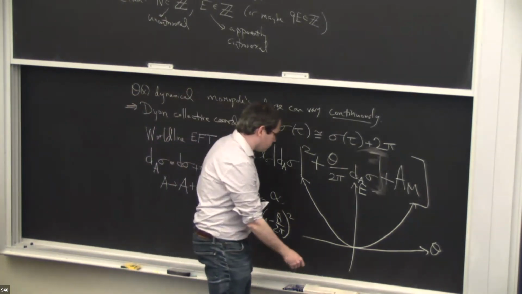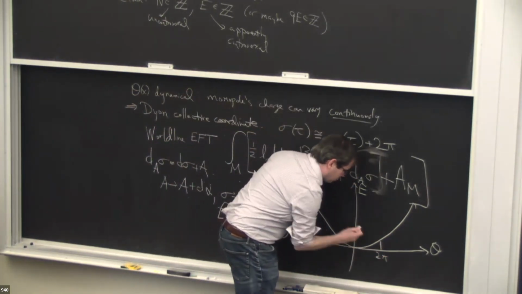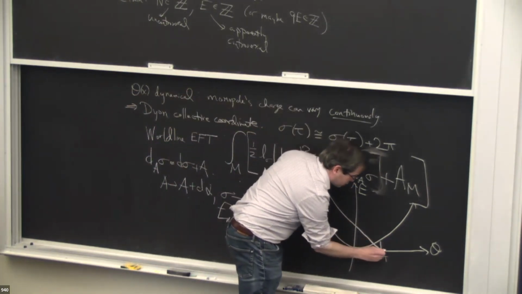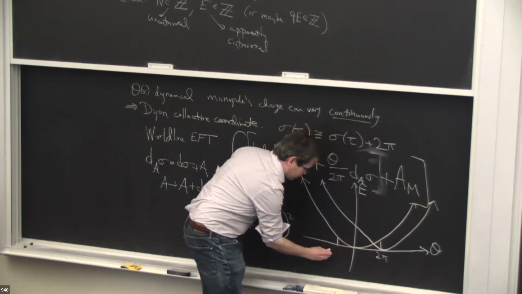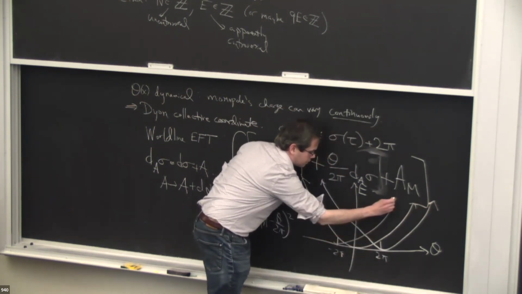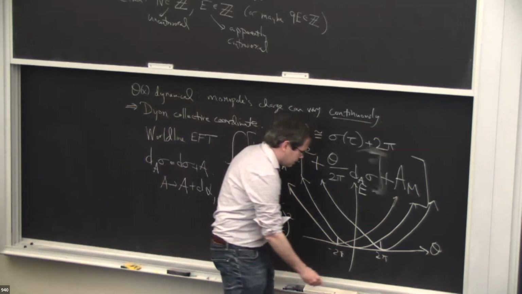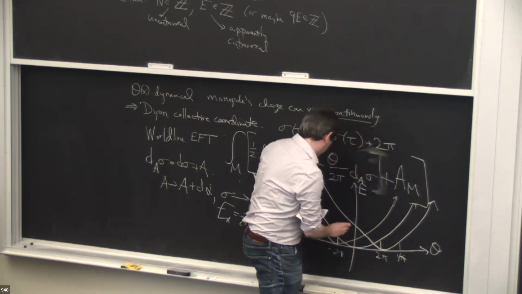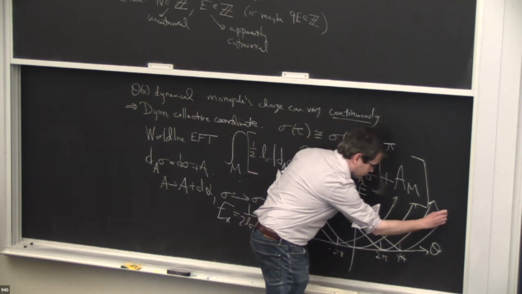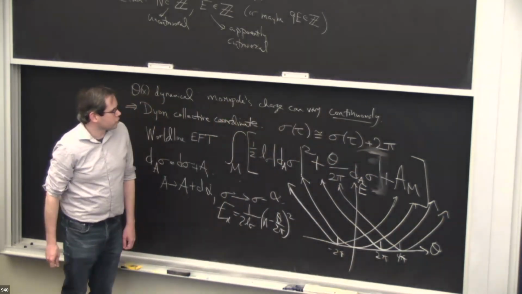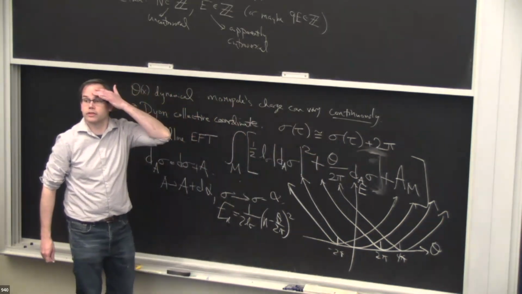And then I have all the other modes, and they're also just parabolas, but with minima at different places. Okay, so maybe you've done this exercise in a quantum mechanics class, solve particle on a circle, with this topological term in the action. This is what you get.